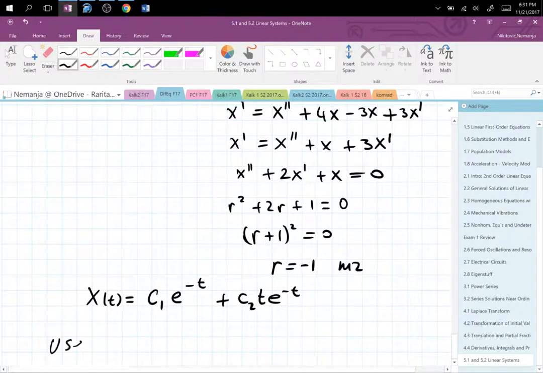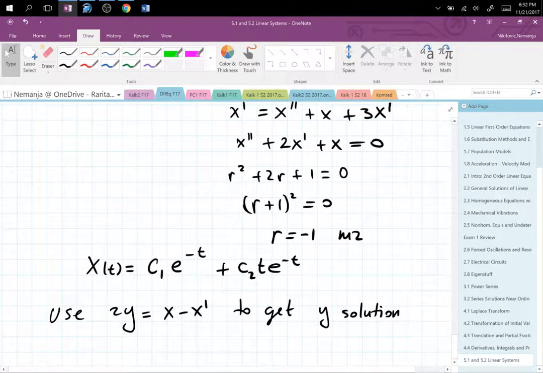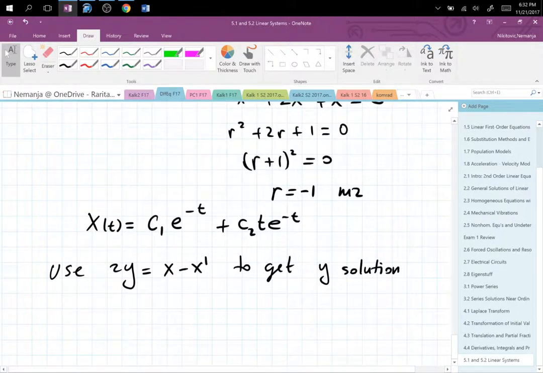So use 2y equals x minus x prime to get the y solution. So now this is going to be painful because we have to come up with the derivative of x of t first, right? Because that goes in the equation as well.